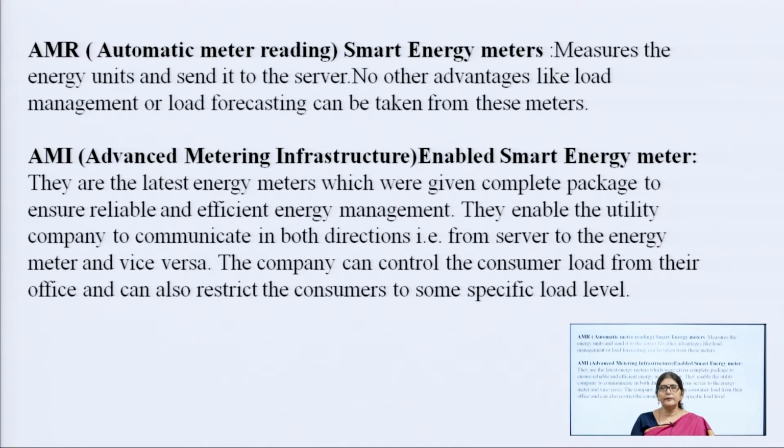The company can control the consumer load from their office. If the load is more, it can reduce the load or disconnect the load for a certain period of time. If the sanctioned load is 4 kilowatt and the consumer is using 8 to 10 kilowatt, then it can stop the electricity supply by sitting at their office. So, it can restrict the customers to a specific load level.